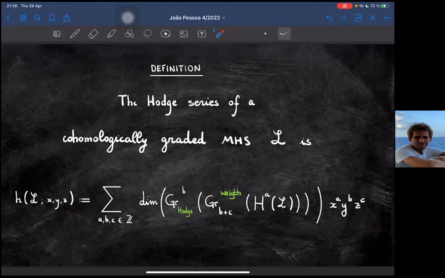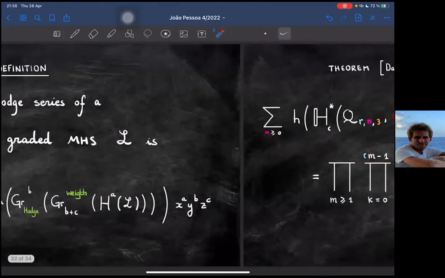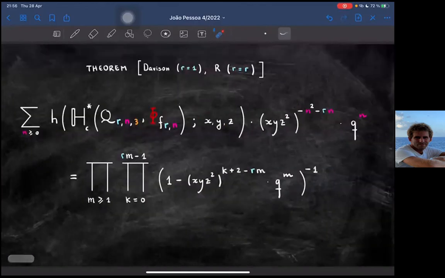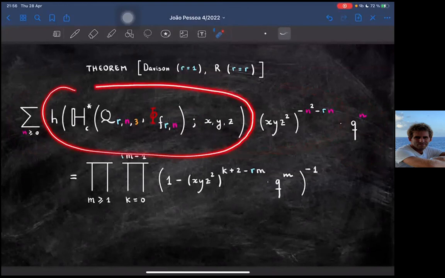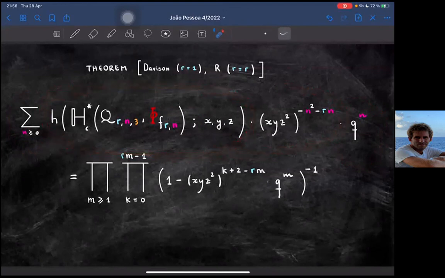Okay, so now we have such a thing for every quot scheme. And so we can form the generating function of these power series. So we take the sum over all n, q to the n, and we put here all these power series. And in order to obtain a nicer formula, we shift slightly.